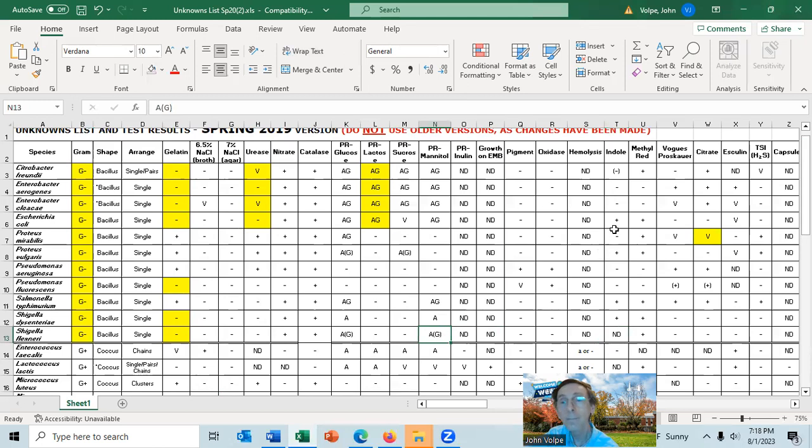AG, there's a parentheses, most of them are negative. There are a few strains in this species which are indole plus, but most of the strains in this species are indole negative.